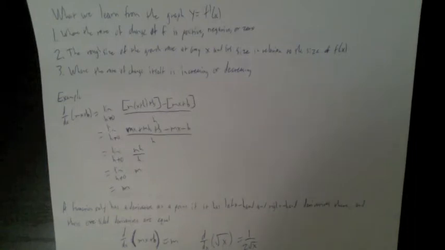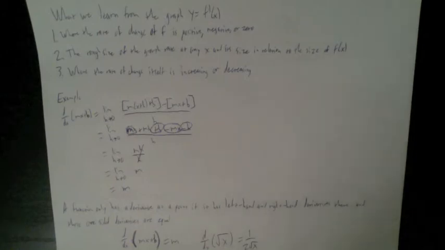An example: the d dx, or derivative, of mx plus b equals the limit as h approaches 0 of m times x plus h plus b minus mx plus b. And that's just in the form of our f of x plus h minus f of x. If we distribute it out, we get mx plus mh plus b minus mx minus b.